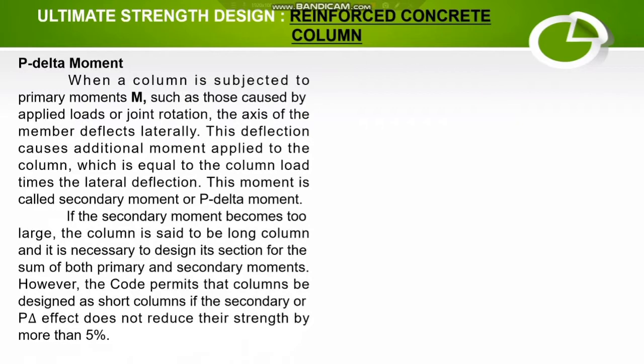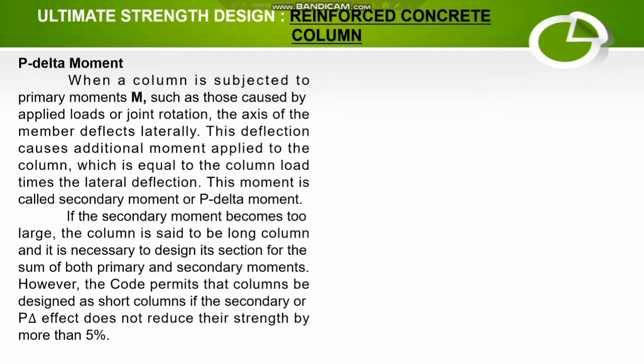The P delta moment. When a column is subjected to primary moments M, such as those caused by applied loads or joint rotation, the axis of the member deflects laterally. This deflection causes additional moment applied to the column, which is equal to the column load times the lateral deflection. This moment is called secondary moment or P delta moment.